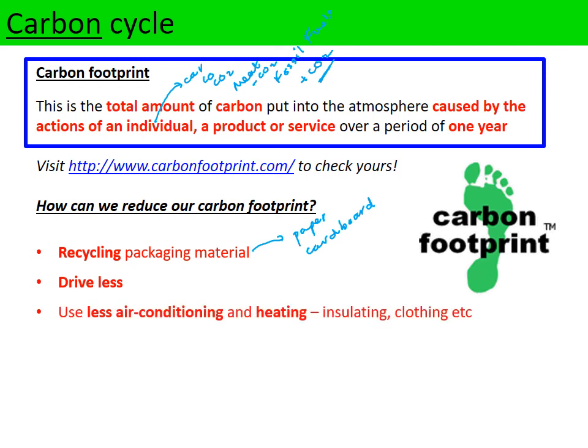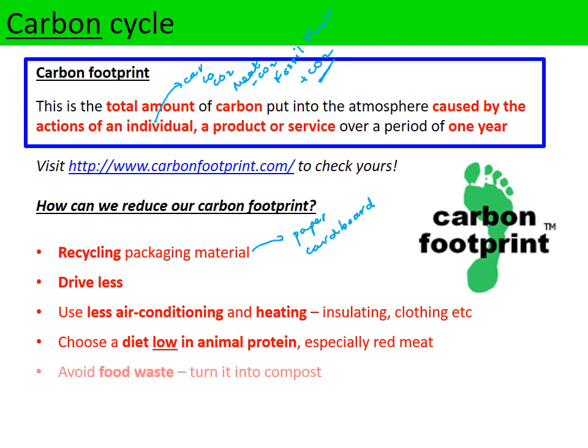We could use less air conditioning, we could use less heating in our homes, we could insulate our homes better so that we had to use less electricity, which might mean less fossil fuels are burnt collectively if more people did this. We could change our diet somewhat to reduce the amount of animal protein that we consume. Maybe meat, for example. If there's less meat in our diets, then less cows need to be killed, and therefore less methane would go back into the atmosphere.